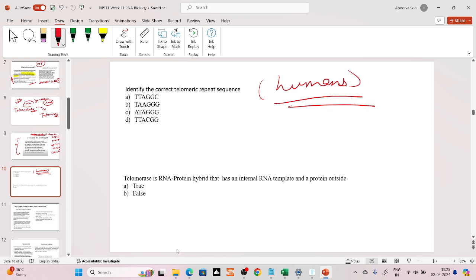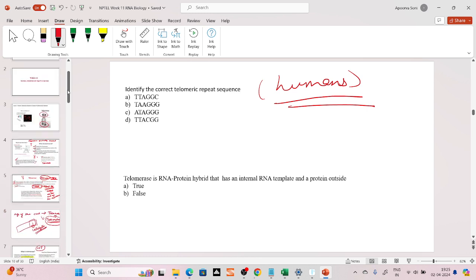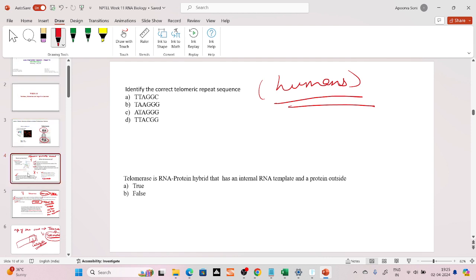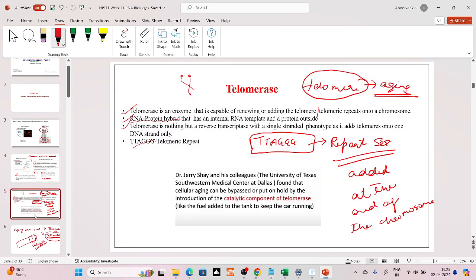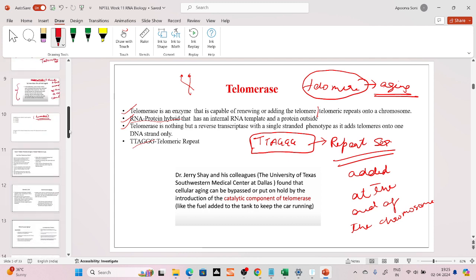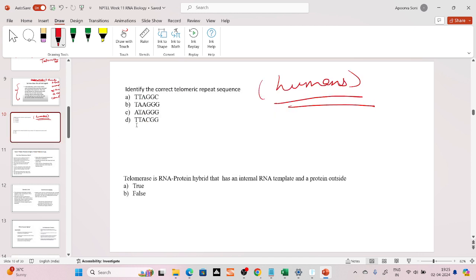See, TTAGGG. How to remember it? Do you think there is any other correct option in this?